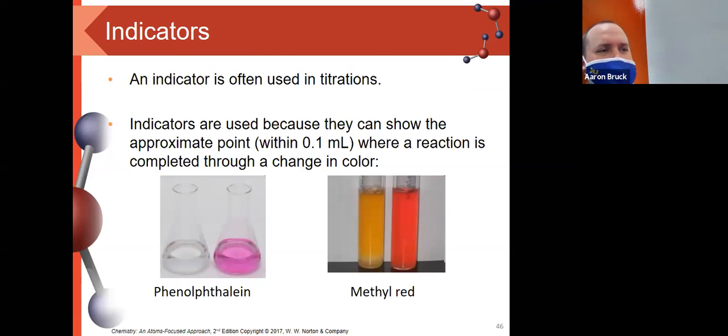A little word here on indicators. Indicators are usually some sort of commercial dye that, based upon changes in pH, will gain or lose hydrogen ions. And the gain or loss of that hydrogen, a process called protonation and deprotonation, will cause the dye to change color.